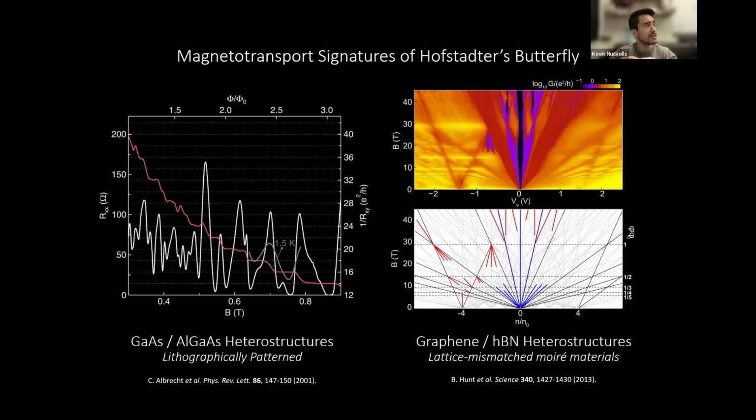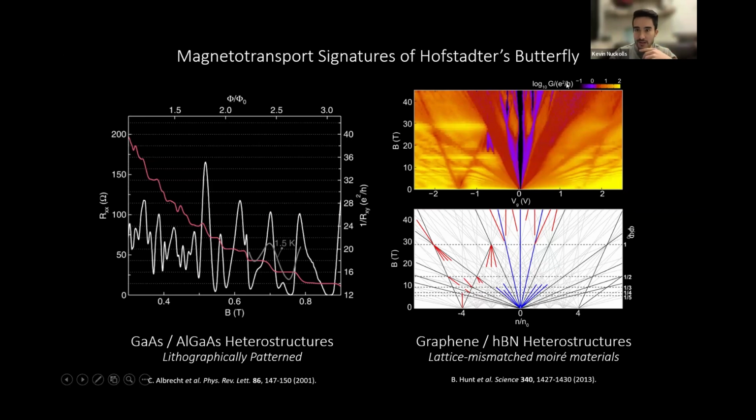The 3 of these teams simultaneously identified that when monolayer or bilayer graphene is aligned to its hexagonal boron nitride substrate, these 2D materials have different lattice constants, and so they present an interference pattern, a moiré pattern that's about 14 nanometers when they're perfectly aligned. And so this produces a very long wavelength superlattice potential.